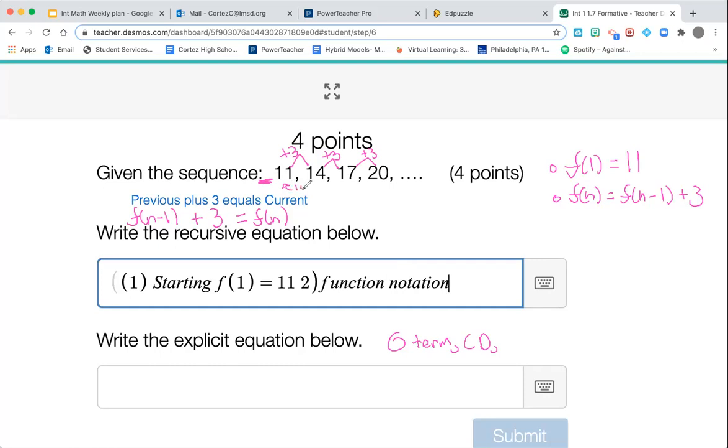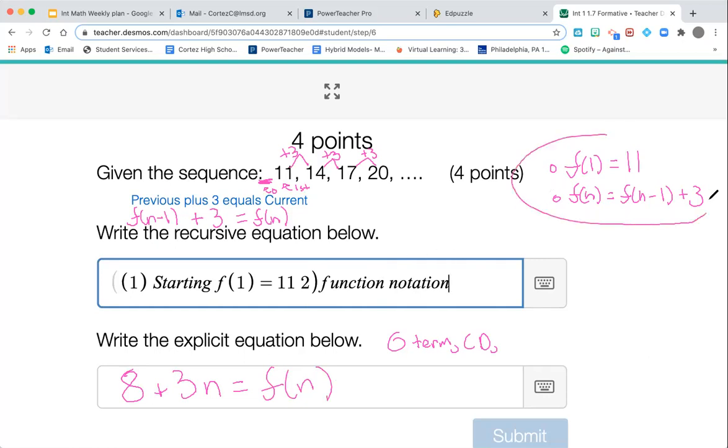Because this is my first term, and this would be my zero term. So if I deduct 3, that would give me 8. So this is starting with 8. Common difference, as mentioned up here, was 3. So I'm adding 3. And this depends on my variable n. So I'll call that my explicit.